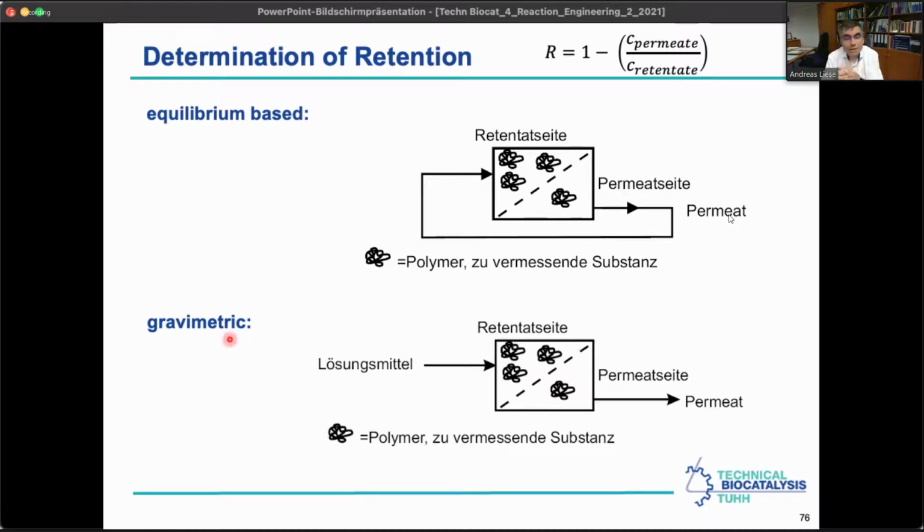Gravimetric means making use of mass balance: we wait until we have reached steady state operation, and then we take out the whole volume from the retentate side, dry it, evaporate the solvent, and then we measure on a balance the weight of the macromolecules that we have retained. These are the two fundamental methods to determine retention.